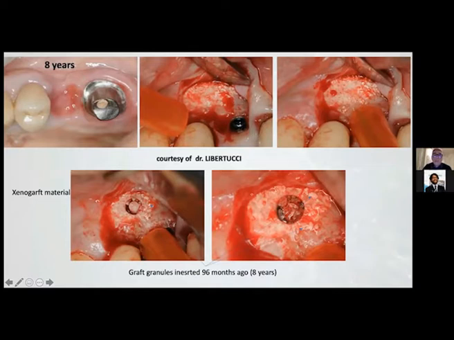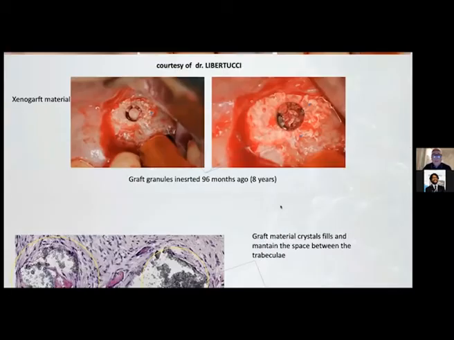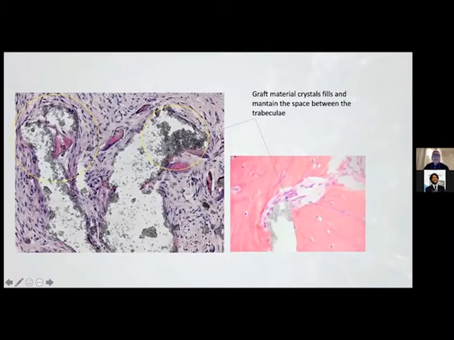And what is this material? This is the presence of the graft material in the middle of the bone. And this material is like stones inside the bone.